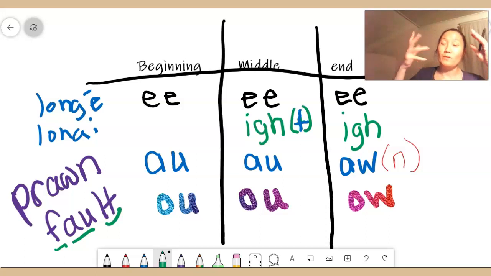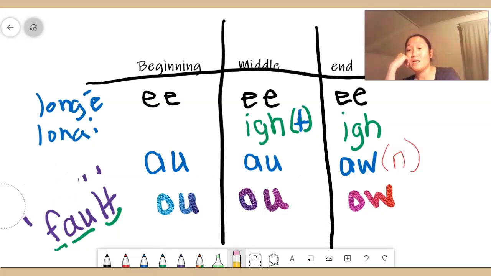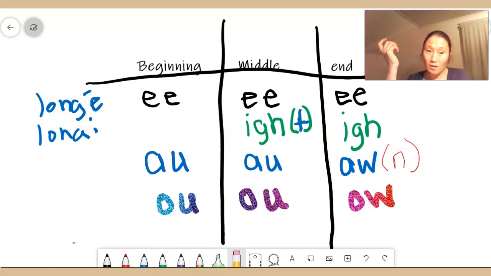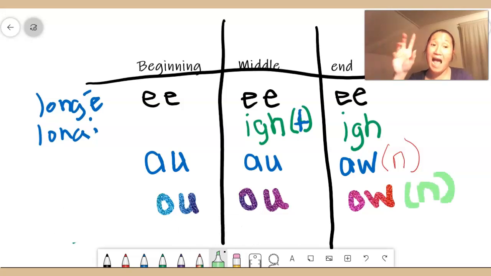Okay? So now let's look at the OU and OW. And this one follows a very similar rule. Sometimes if you have a hidden N, like brown, you're going to have the ow.